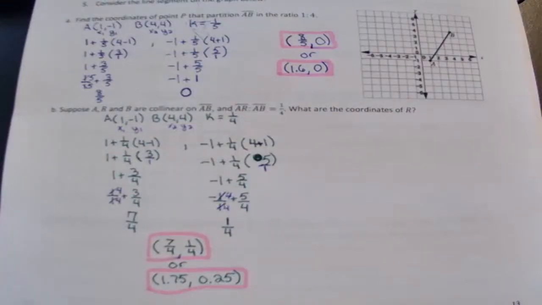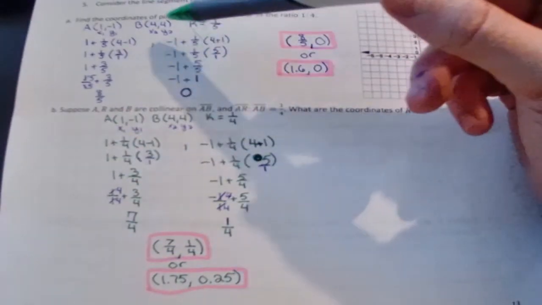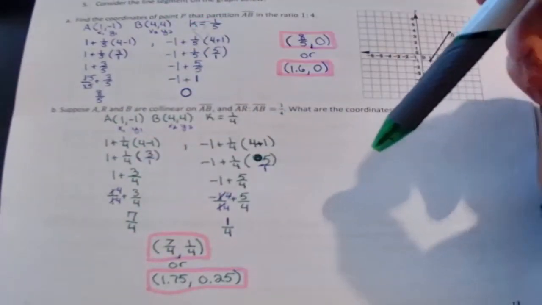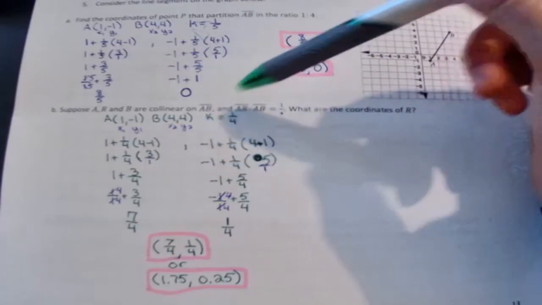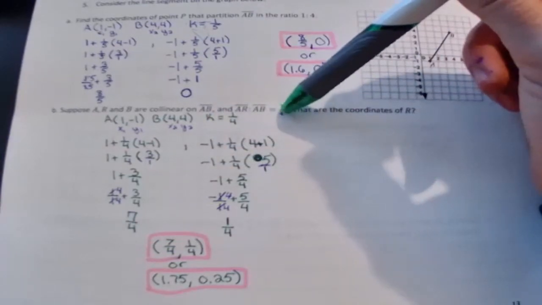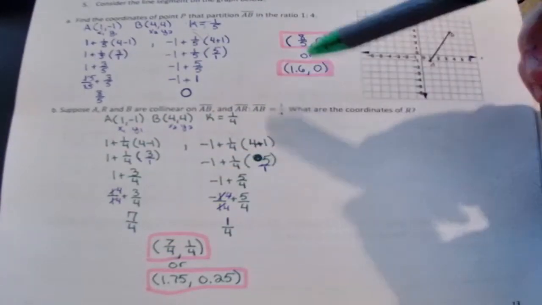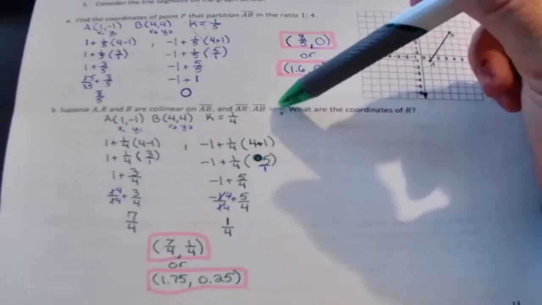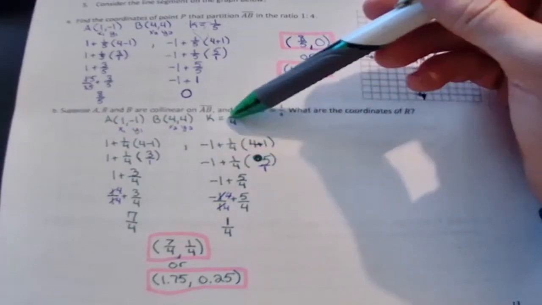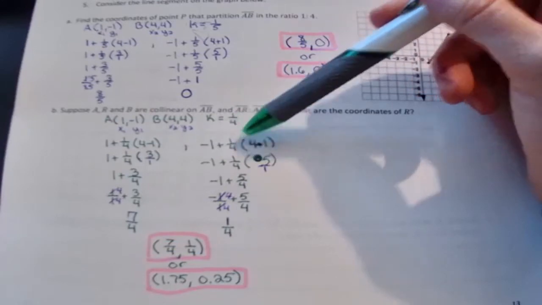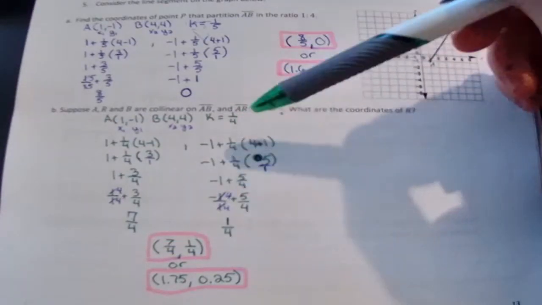Okay, so when we're looking at this one now, our A and B were in the same spots as the problem above. But our K was different because this was already put as a fraction instead of a ratio. So since it's already a fraction, our K would be the same fraction. So that's the main difference.